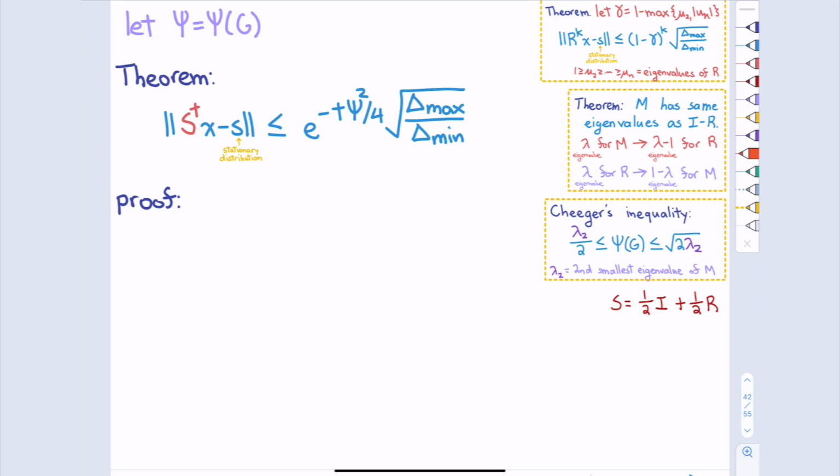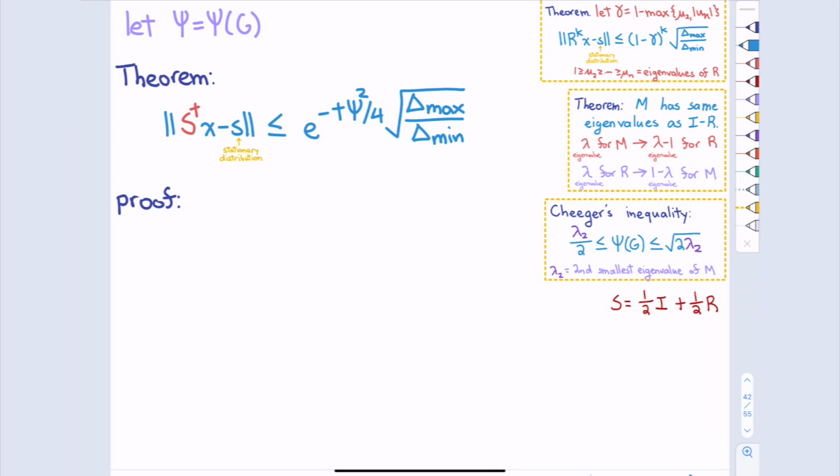Now we don't have to have any qualification about the second eigenvalue, because at some level that's addressed by the stationary distribution. So the lazy random walk is denoted by capital S. I think we prove this in roughly the same fashion as before.